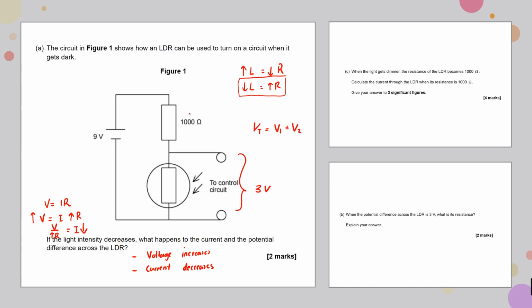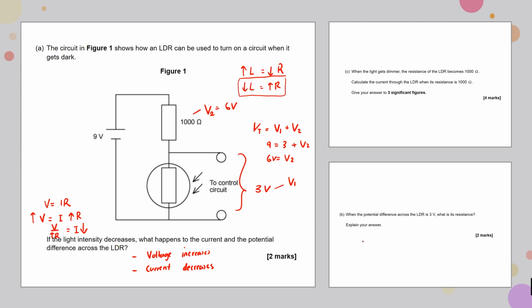If this is V1, this is going to be V2. If the total voltage is 9, we know V1 is 3, and V2 then has to be 6. So V2 has to be 6 volts.